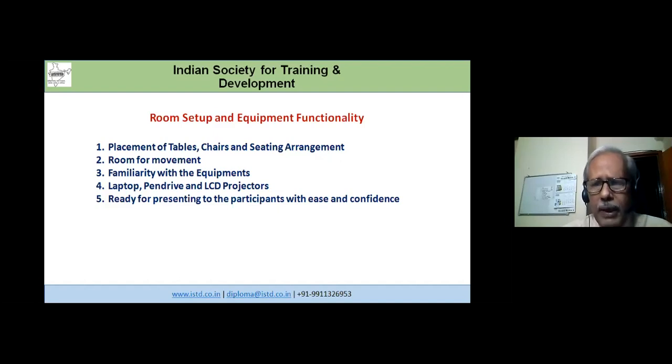So if a trainer reaches the classroom early, he can check that everything is fine: the laptop, the pen drives are available, the LCD projectors are functioning. Everything has to be checked properly, right? Then he is ready for presenting with confidence. That is one thing for the trainers.